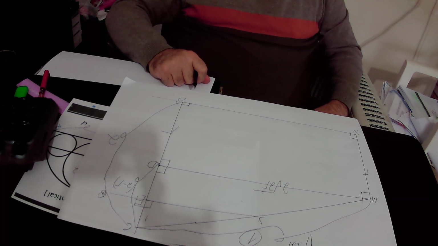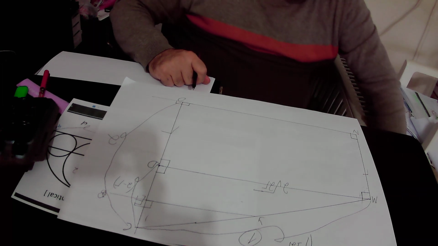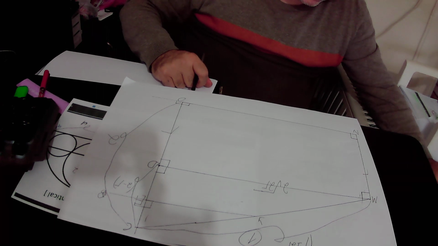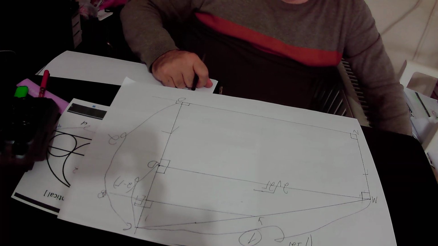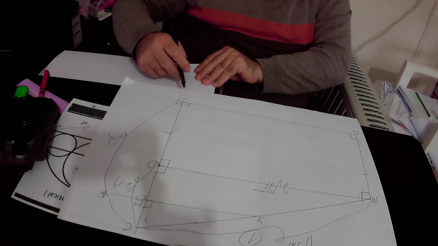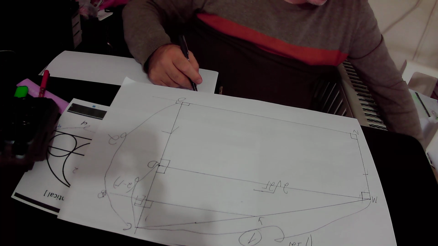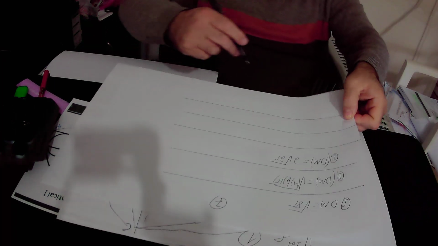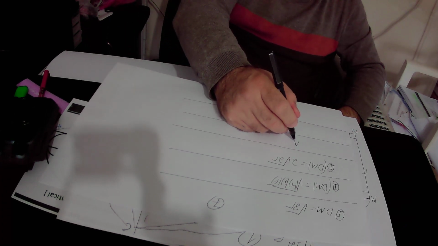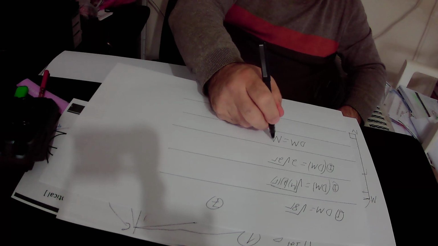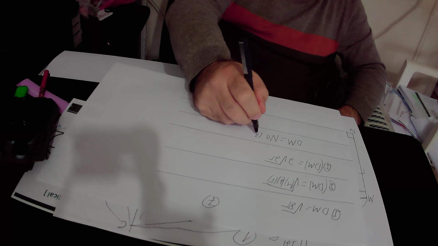Okay, and we have the rule number 4 that states that the opposite sides of a rectangle are equal to each other. Therefore, MD will be equal to NO. So MD or DM equals NO according to rule number 4.